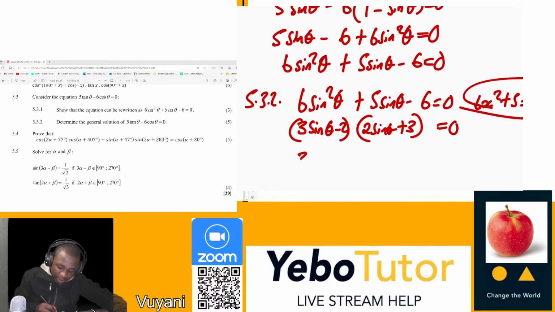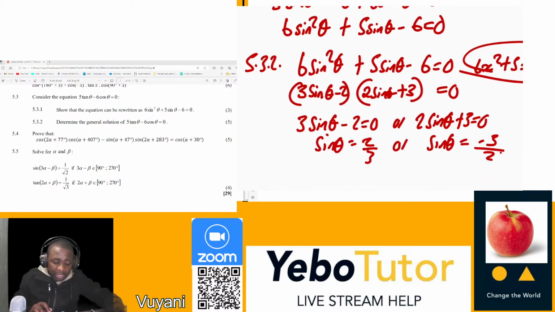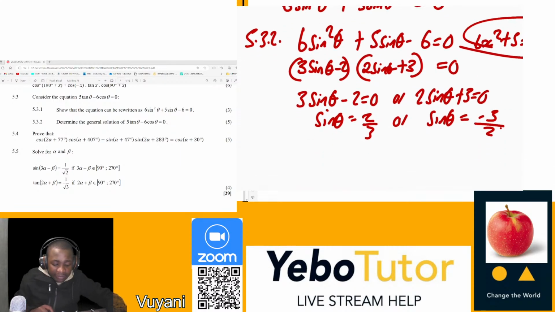Then after that, we can have 3 sine of theta minus 2 equal to 0, or we can say 2 sine of theta plus 3 is equal to 0. Then this will be sine of theta equal to 2 over 3, or sine of theta equal to negative 3 over 2. Then we can calculate the inverse of this function.